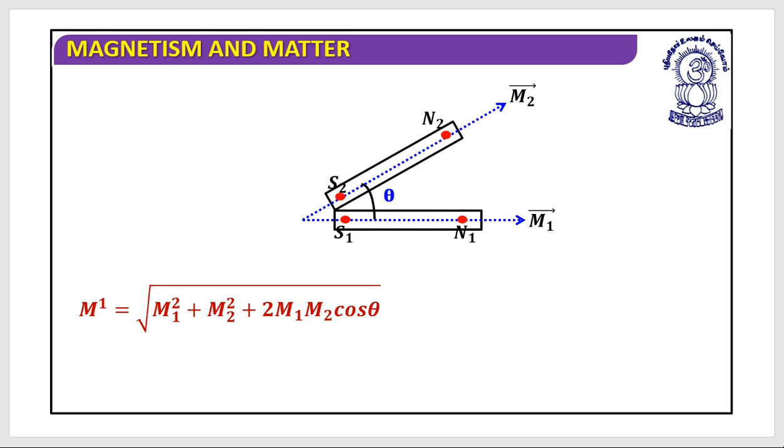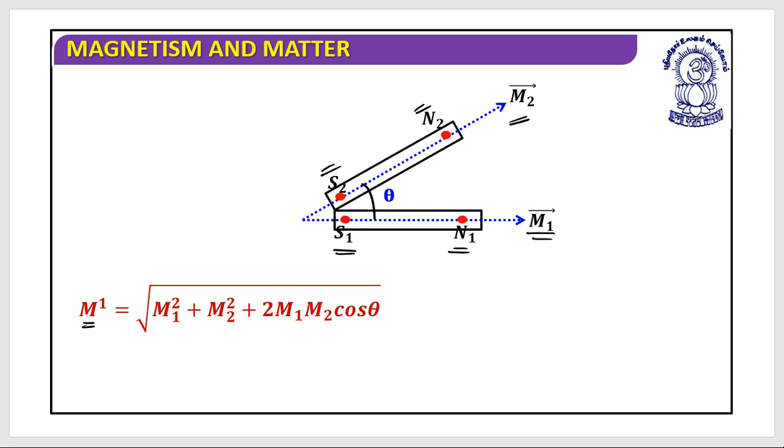It says that, let's suppose this is one of the magnets, S1 N1 is there. Another magnet is there, this is S2, this is N2. So magnetic moment 1, this would be M1, and magnetic moment 2, this would be M2, and the angle between these two is theta.